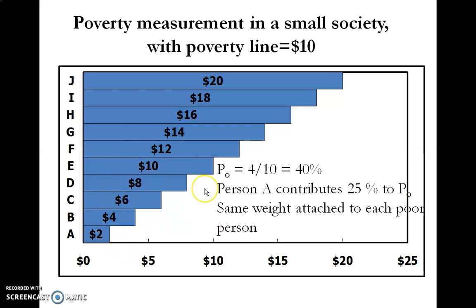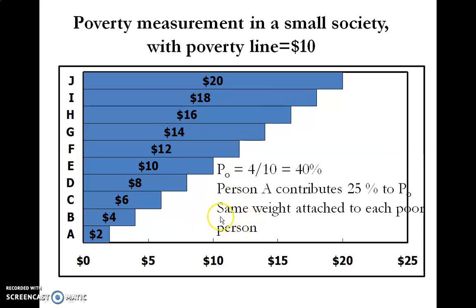Now, remember earlier when we spoke about depth of poverty, severity of poverty, one of the disadvantages of P0 was that it assigns equal weight to all of those who fall below the poverty line. It doesn't care about how deeply poor they are or how severely poor they are.